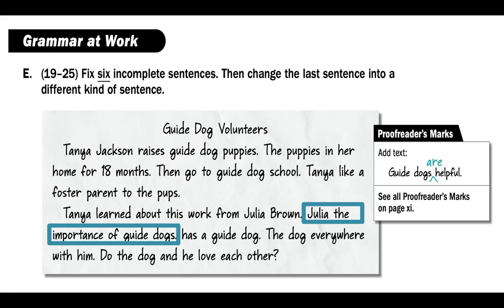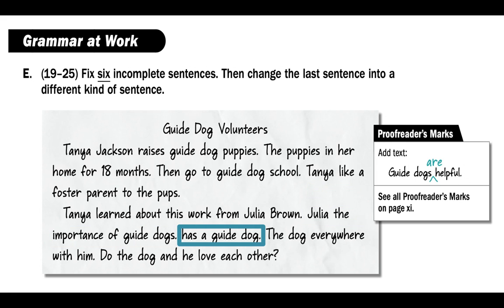Julia, the importance of guide dogs. This sentence has a subject, Julia, but is missing the verb in the predicate. I hope you put in a verb. I chose knows. Julia knows the importance of guide dogs. Has a guide dog.